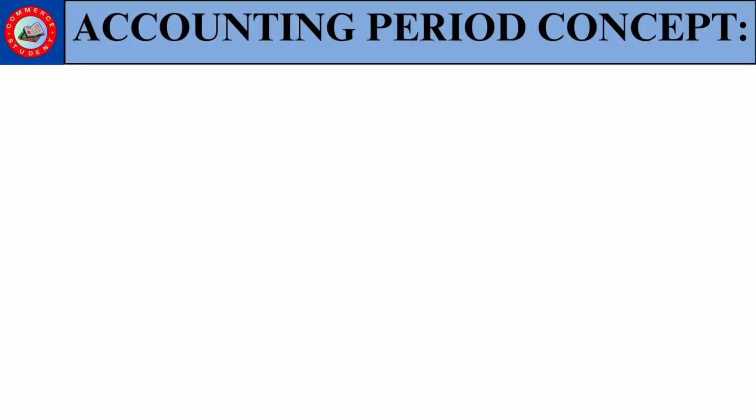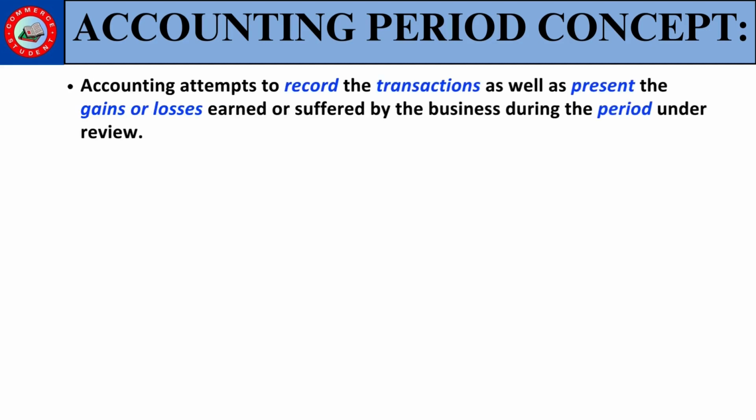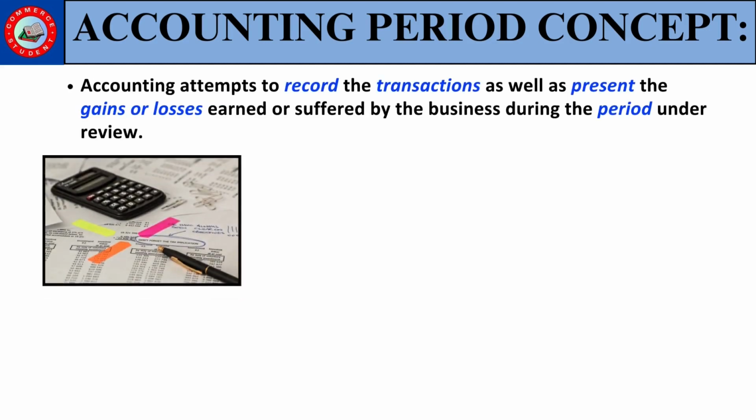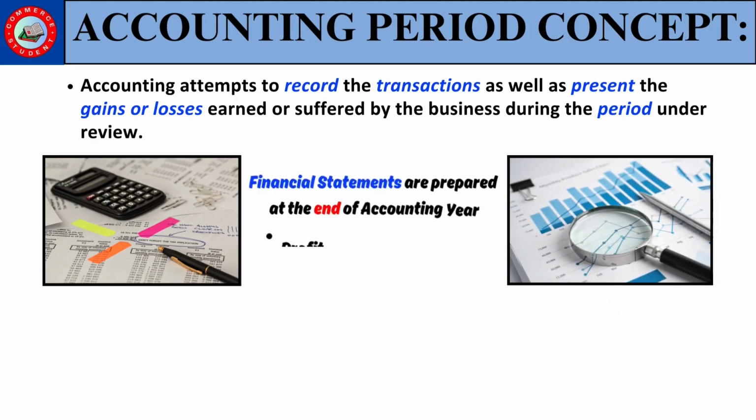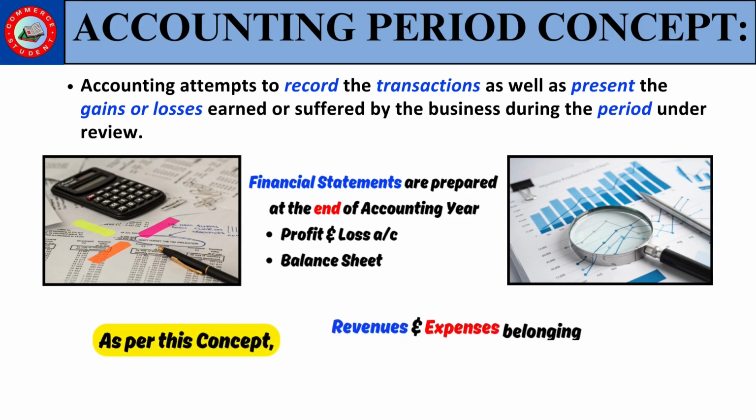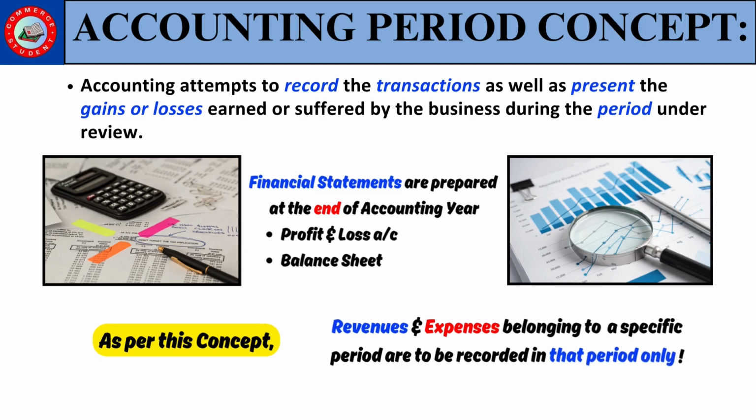So all the business transactions that take place in a specific period are to be recorded as well as reported in that period, to know the business's financial performance, that is profit or loss figures, and financial position, that is position of assets and liabilities. Due to this concept, all the items of revenue and expense that occur during a specific accounting period are to be taken into account for that period only because of their time relevance.